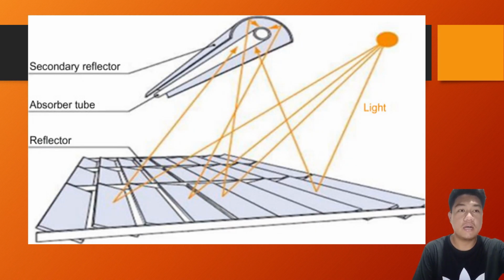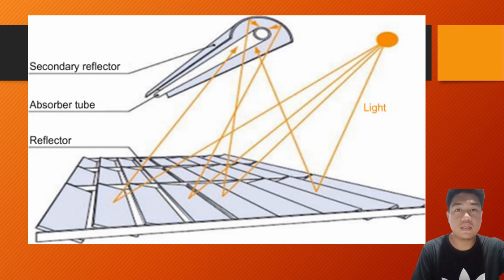So yung araw, yung heat tatama sa flat mirrors, and then magre-reflect sa absorber tube. And pag hindi naman tumama sa absorber tube, merong secondary reflector, which is yun yung magre-reflect papuntang absorber tube.